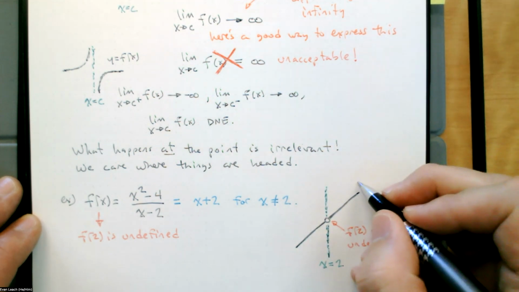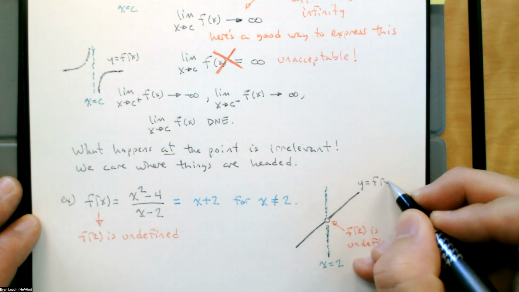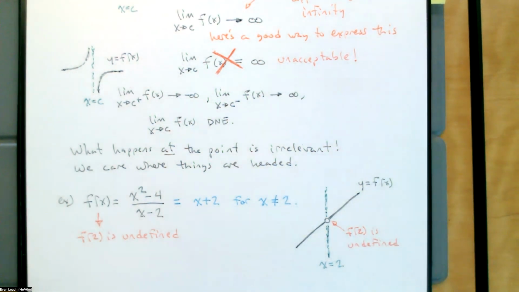Here's the graph of f of x. But as we approach 2, the value of the function is approaching 4.